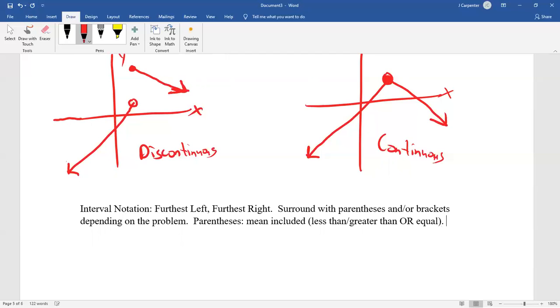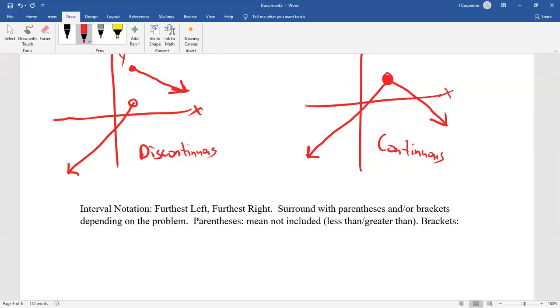Use brackets. I'm sorry, it does not. Less than or greater than. I had brackets in my head. I was thinking one problem ahead. I got to be careful doing that. Parentheses mean they're not included. We said that earlier. I'm not trying to lie. This is correct now. Parentheses mean not included, which means the symbol was originally a less than or a greater than, and I'll show you an example.